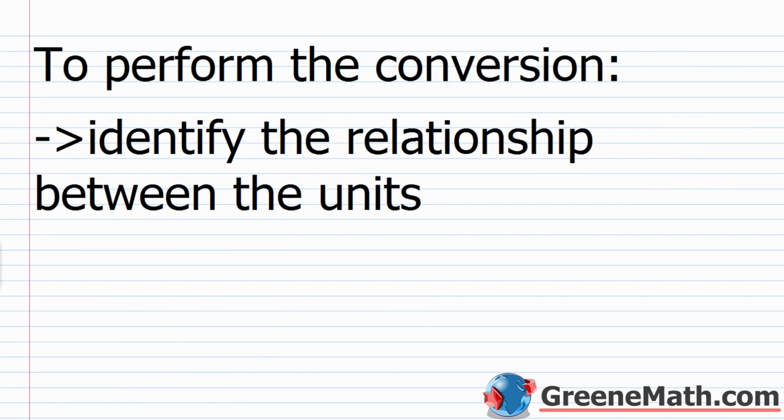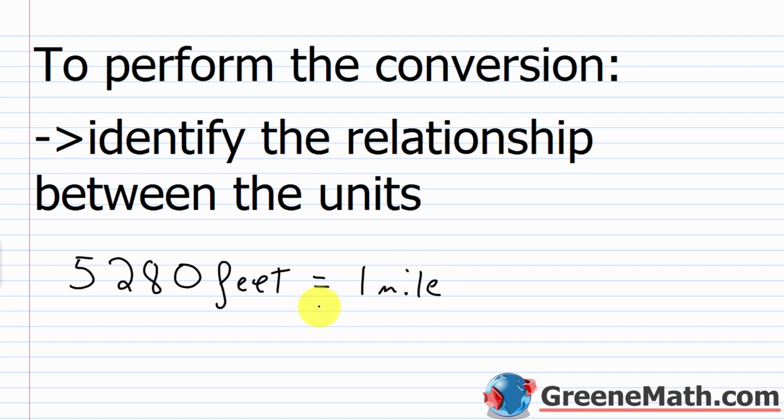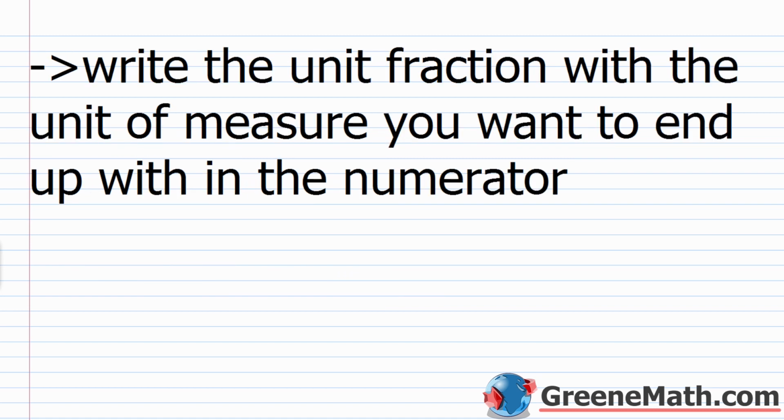So now that we understand what a unit fraction is, to actually perform the conversion, again, you identify the relationship between the units. So in our case, again, 5,280 feet is equal to 1 mile. If you didn't know that from memory, you'd have to look that up and then gain that relationship. Now, the next thing you want is to write the unit fraction with the unit of measure you want to end up with in the numerator. So recall that we had 6,600 feet, and we wanted to know how many miles.